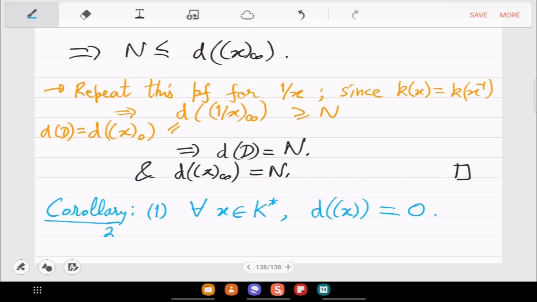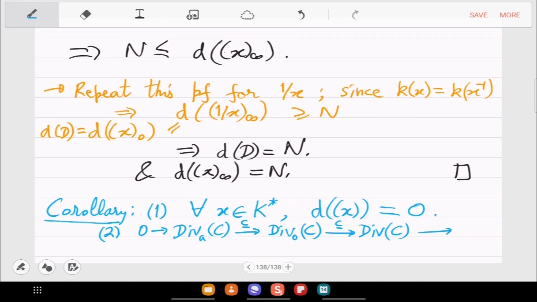And now I have a containment. So this Div_A(C) actually sits in Div_0(C), which obviously sits in Div(C). So let us see this as a map. And degree is a map from this to integers. So this is a sequence of abelian group homomorphisms.